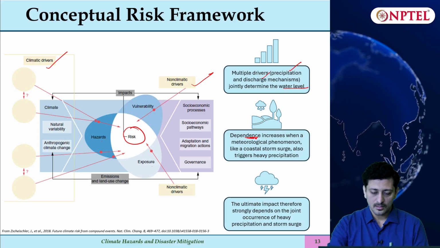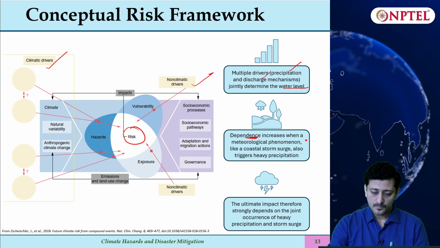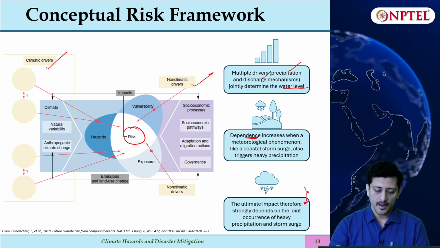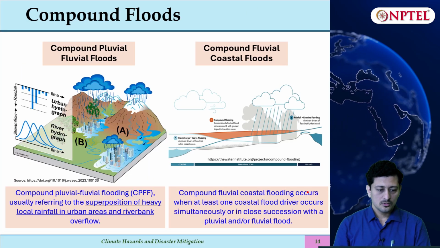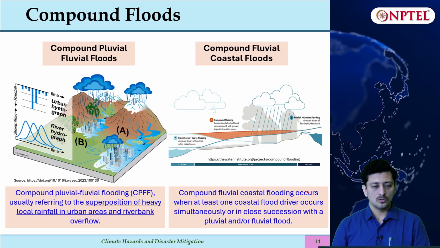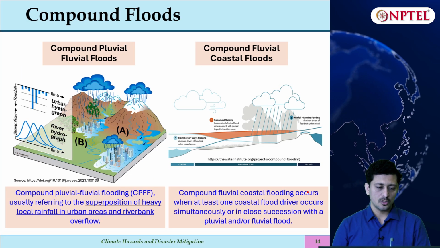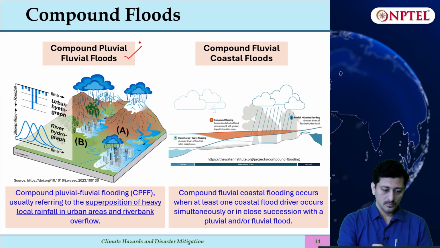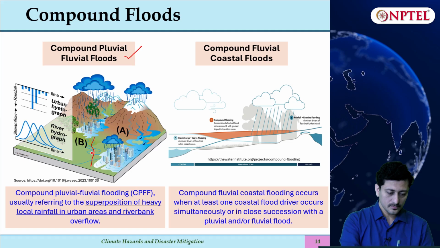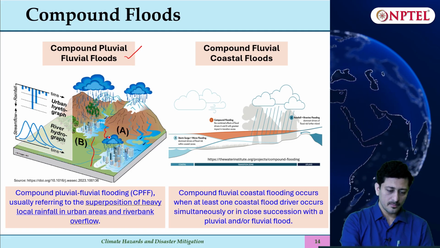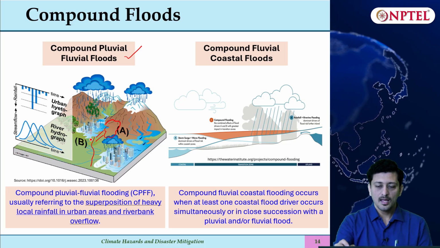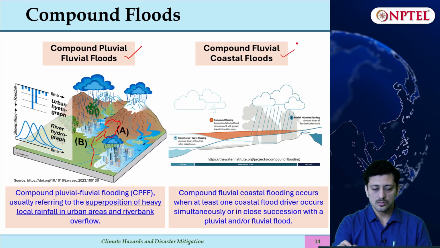Then we have the dependence structure between them, and the dependence can be ascertained, and their joint impacts can be analyzed. When we talk about compound floods, we present two cases here. One can be compound pluvial and fluvial floods. In that, there is flood in the river that is accompanied by heavy precipitation, and both of them produce a compounding effect. Next is a compound fluvial and coastal flood.